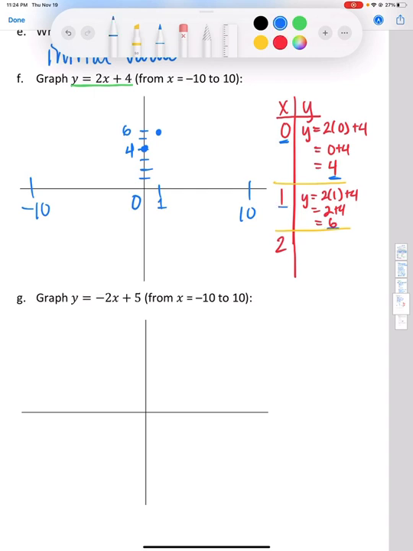If I say x is 2, then y is equal to 2 times 2 plus 4 is equal to 4 plus 4, which is equal to 8. Okay, so next point is 2, 8 that I'll plot. So let's put a couple more marks here. Put 8. Put the 2 over here. Okay, and there's 3 dots for our line.